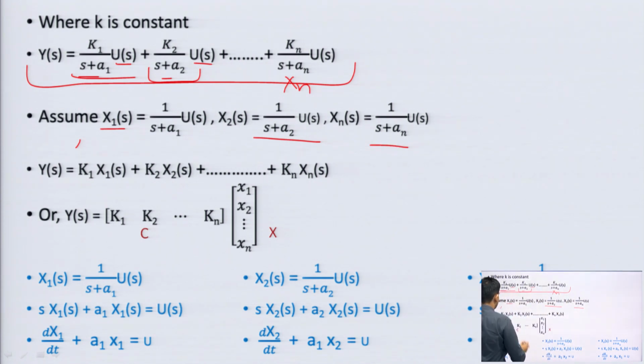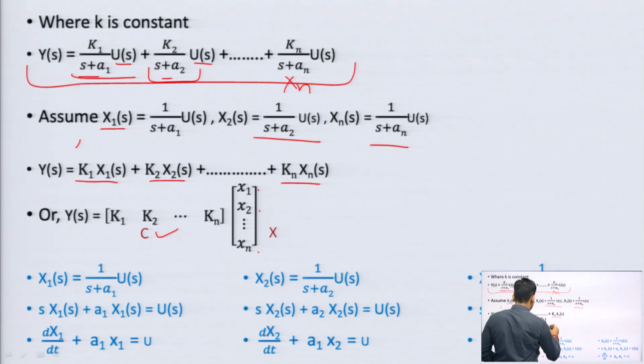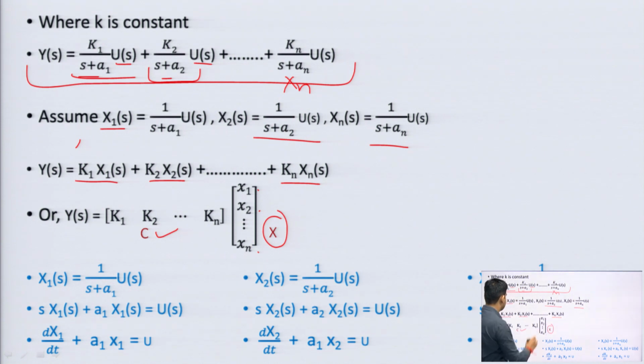So, y(s) can be written in terms of state vectors as y is equal to k1 x1 plus k2 x2 till kn xn, right. If I write this in matrix form, y is equal to [k1 k2 ... kn] times the state vector [x1 x2 ... xn]. So, this is my C matrix and this is my state vector. Now, what would be the value of x1, x2, xn and how to represent them?